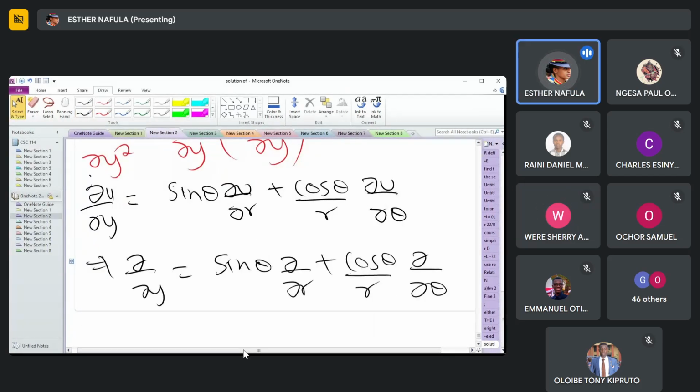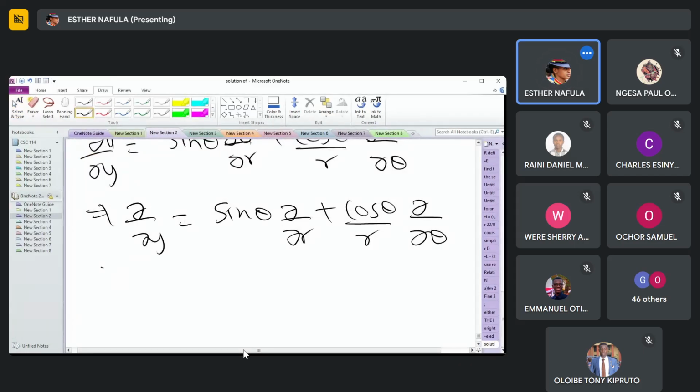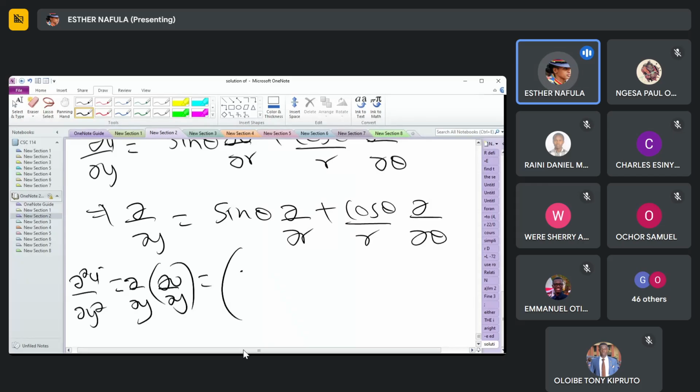So partial squared u partial y squared is partial y of partial u partial y. This is equal to partial y, which is sine theta partial r plus cos theta over r partial theta, of partial u partial y.